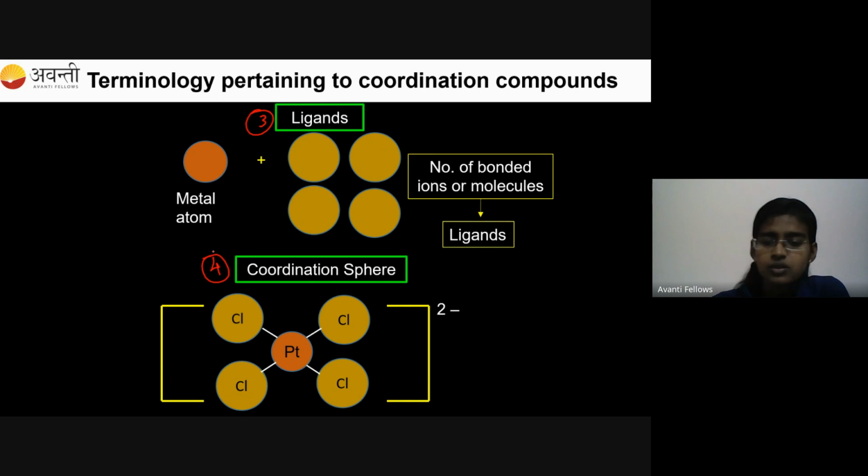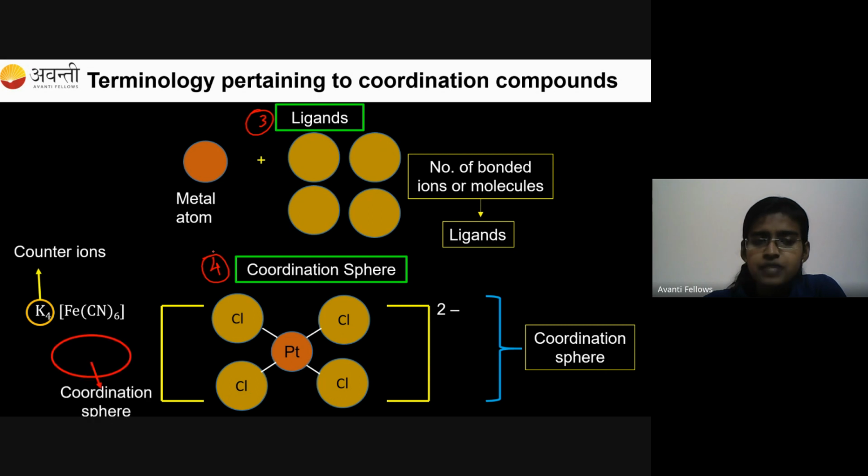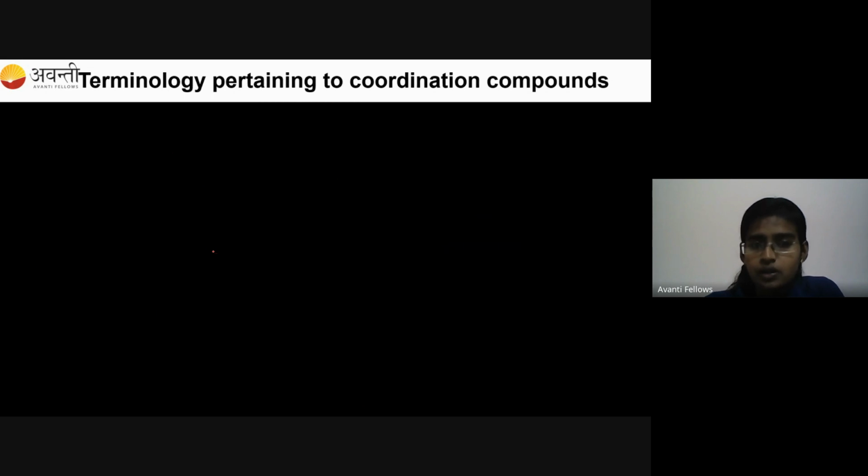The components inside the square bracket are called the coordination entity, right? The same is the case here. Coordination sphere is nothing but the coordination entity. Similar names only. So here you can see Fe(CN)6 is the coordination sphere and the one which is outside the bracket is called counter ions.